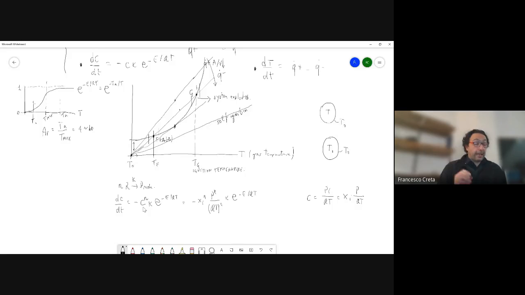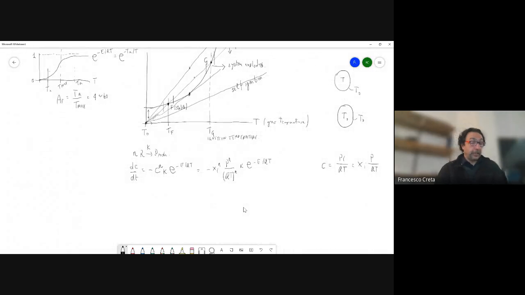Again, long story short, if we represent Q plus as we did before, the heat of reaction times dC/dt, through this term we can say that Q plus also depends on pressure, very roughly said, it can be considered proportional to the pressure to the power of n.